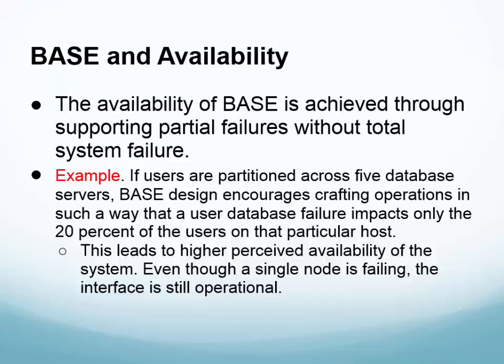Even though a single node is failing, the interface is still operational. We have the data divided among multiple shards, multiple nodes, in such a way that if one of the nodes is not available, our data is not totally lost and our application doesn't go down. The part that is available will still be served to the users. So our application is highly available.